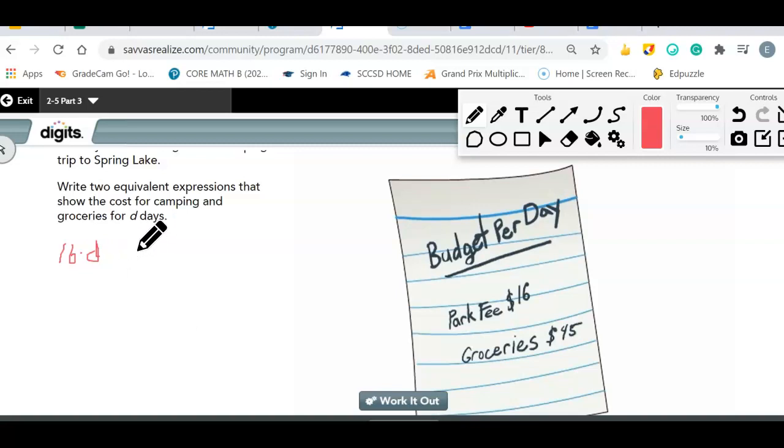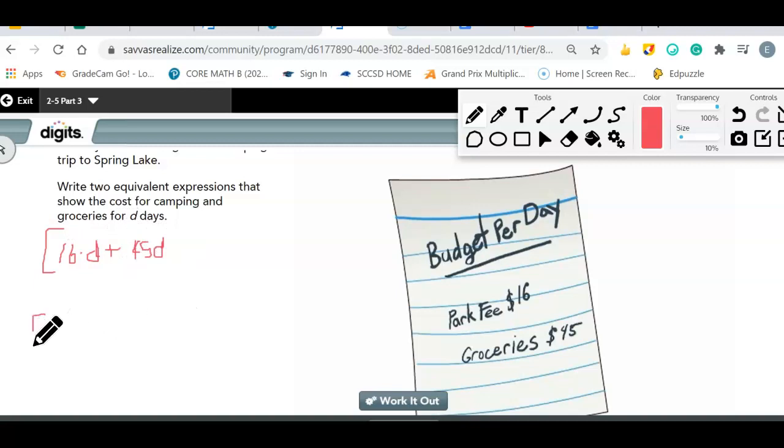And then $45 for D days, we don't know, so that's 45D. Now this 16D explains park fees, 45D explains groceries. So if we want to know the total cost, we would add them. So that is one expression. Excuse my bad handwriting with my mouse. So, it is 16 times D plus 45 times D.